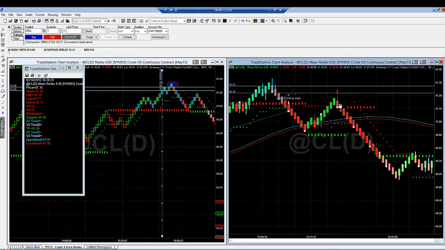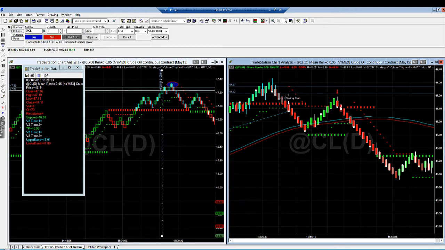I've got a 5 point offset. For me to get another brick print on these Mean Renkos, price would need to move the 5 points, and that will print a brick.